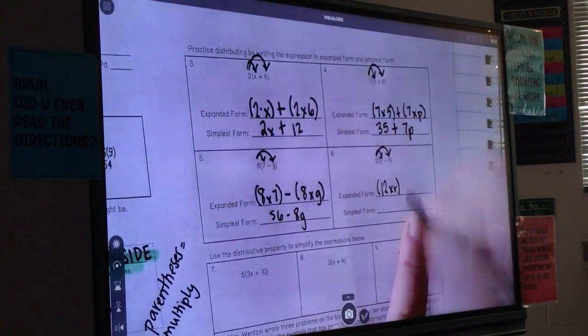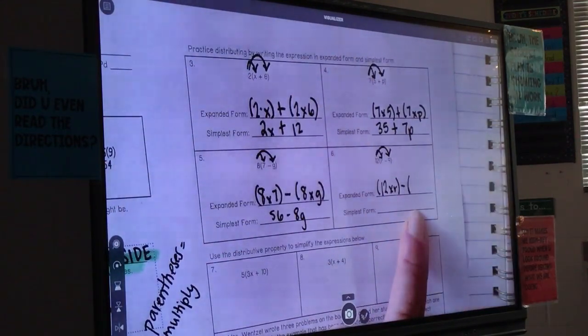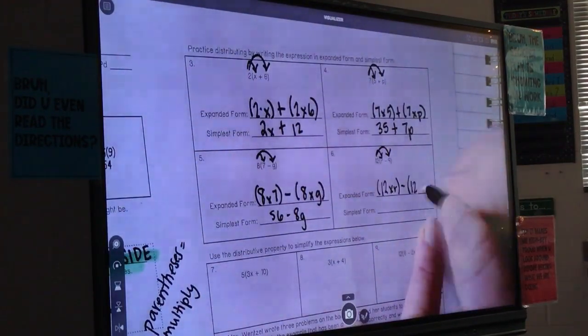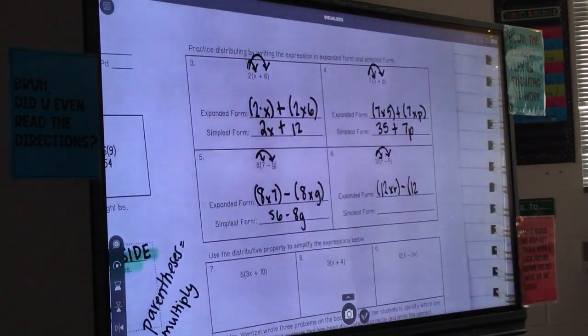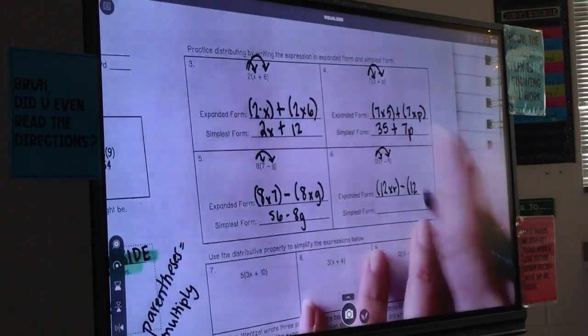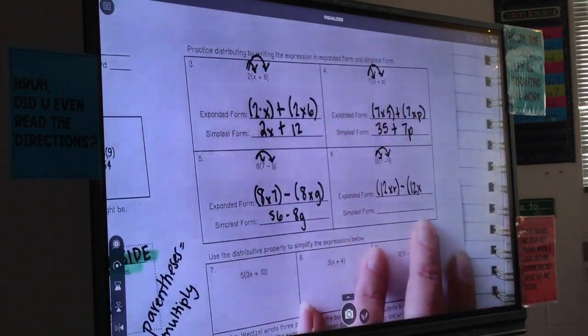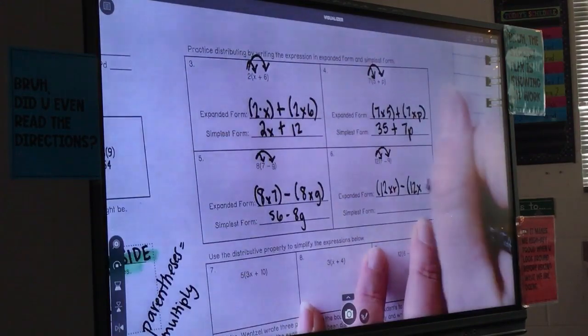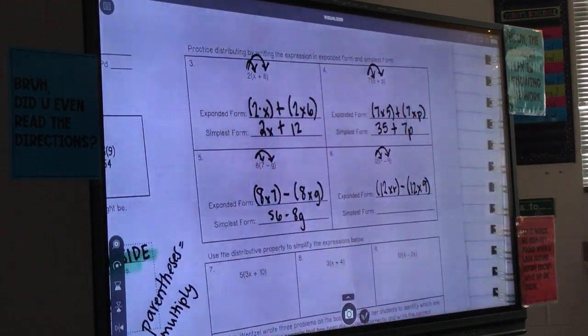Okay, and then what goes inside my second parentheses? 12. Guys, stop so I can hear her. All right, what goes in the second one? You got it. All right, so we have 12 times R minus 12 times 9.